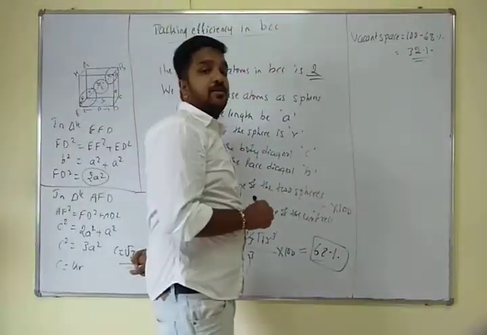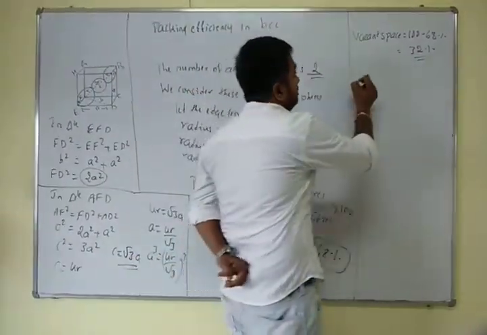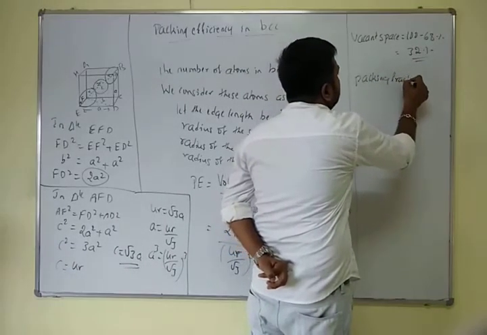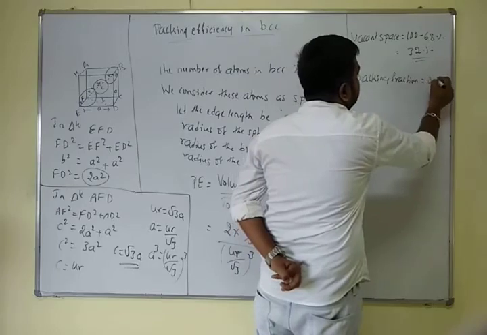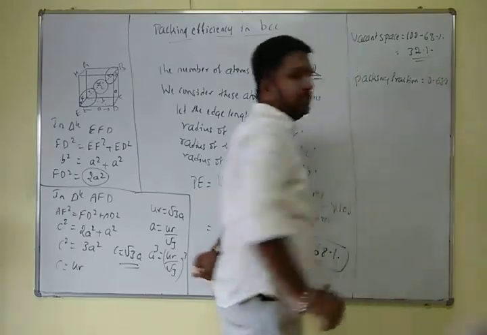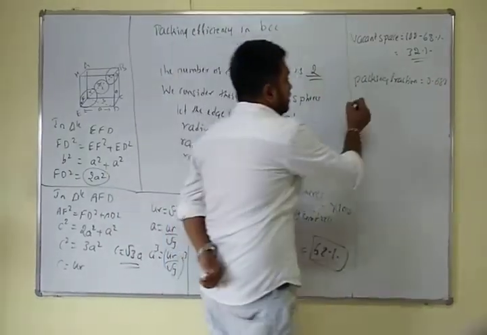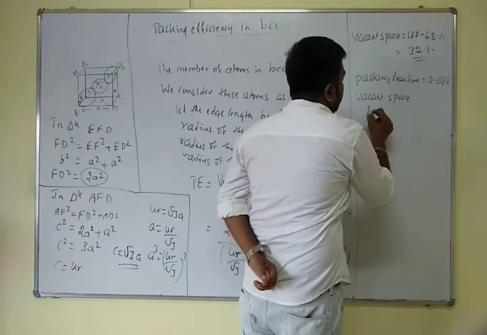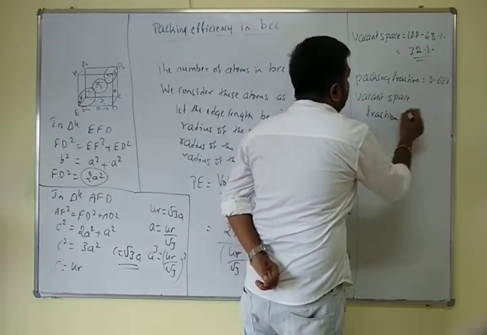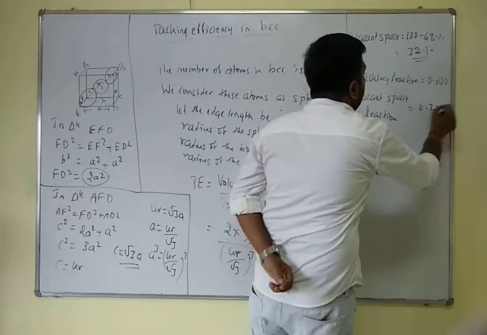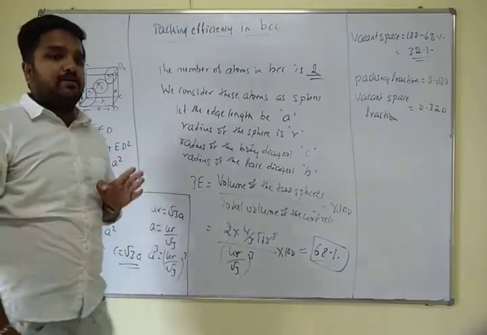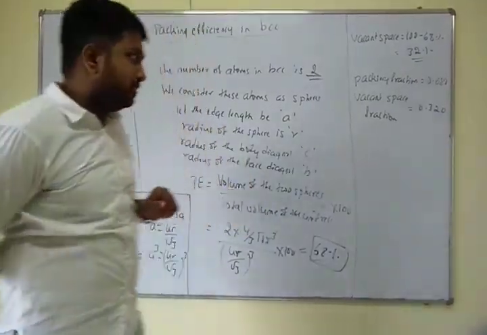In order to express in terms of fractions, the packing fraction is 0.680, whereas the vacant space fraction is 0.320. Clear? This is how you calculate the packing efficiency of a body center cubic crystal.